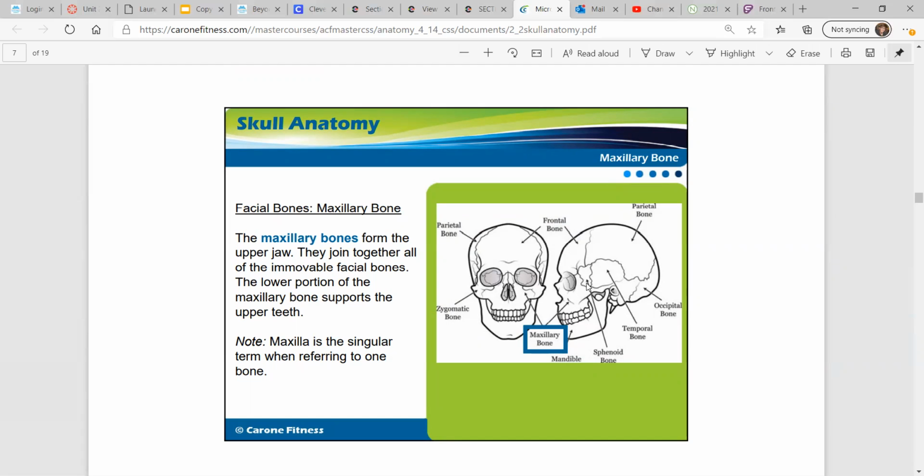They join together all of the immovable facial bones. The lower portion of the maxillary bone supports the upper teeth. Maxilla is the singular term when referring to just one bone, but when you refer to all of them, you can use this term.